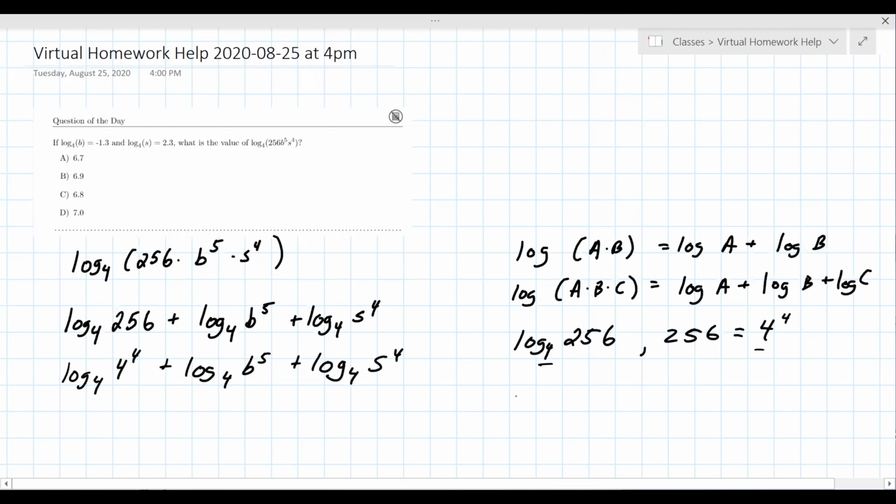We can now use the property that log base b of x to the n equals n times log base b of x.